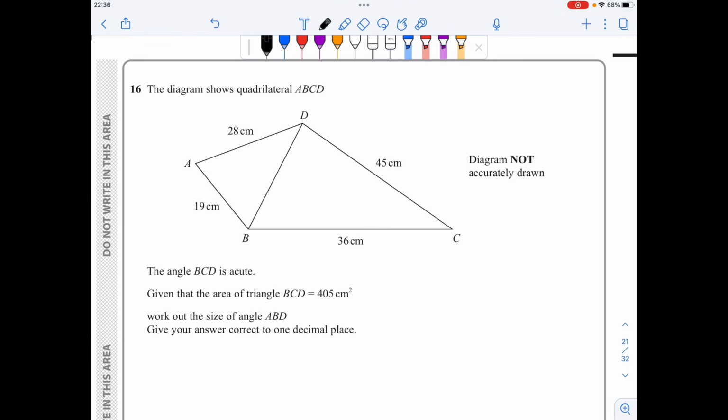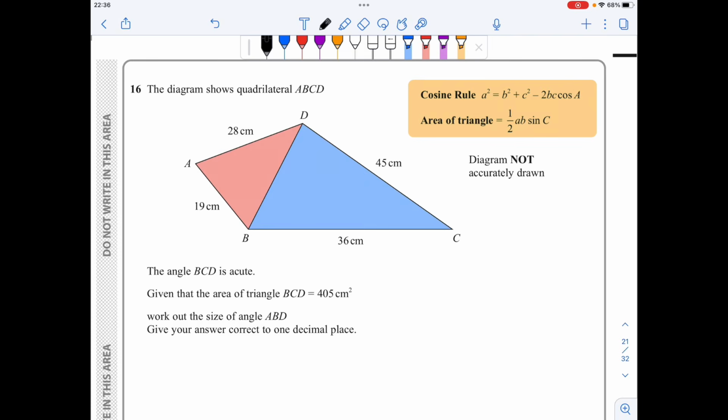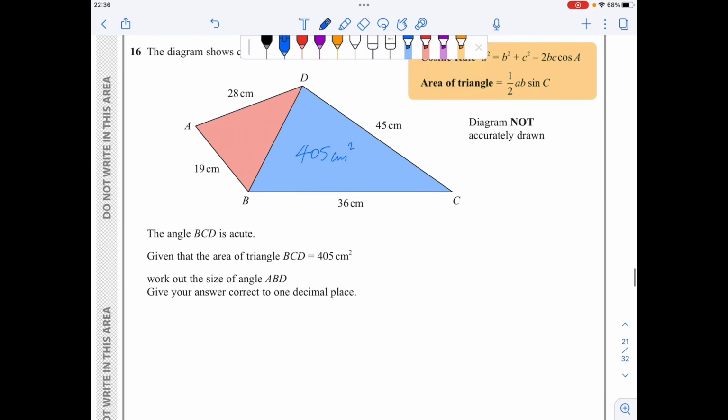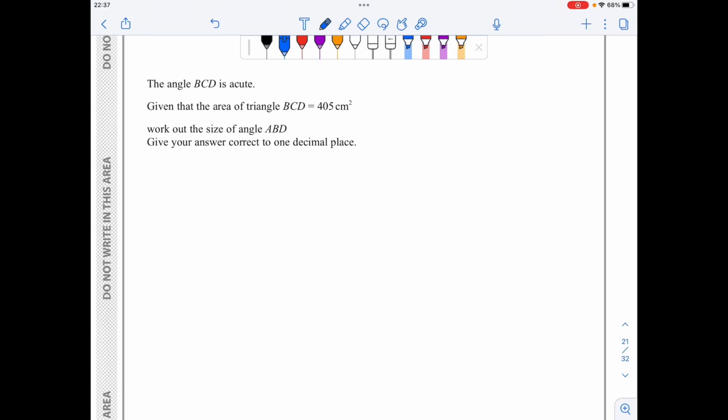In question 16, I will need the following two formulae, and the two triangles I will work with are the blue and the red. Starting with the blue triangle, this has an area of 405 cm squared, and I'll use the second formula to find angle C. So let's write again the formula using the correct letters.